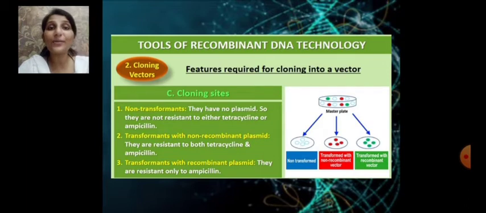And why are they not able to resist tetracycline? Because the recombinant plasmid has the gene of interest inserted into the gene coding for tetracycline resistance. So that gene has been inactivated. That is why they are not able to resist tetracycline, but such transformants are able to resist ampicillin.